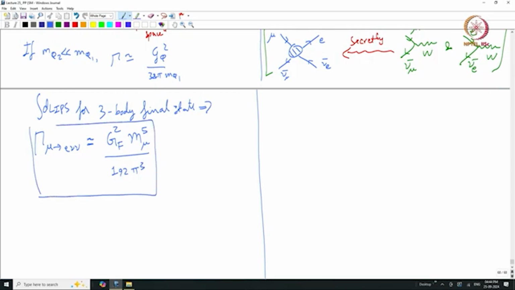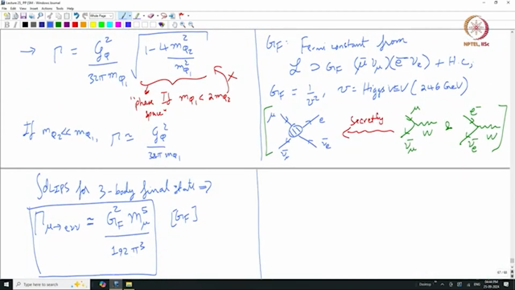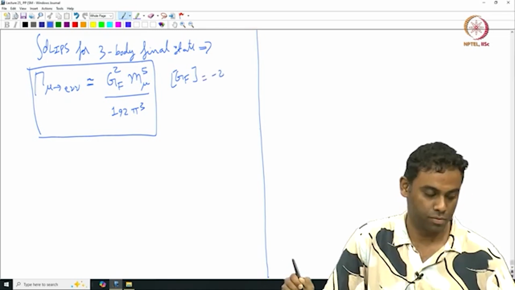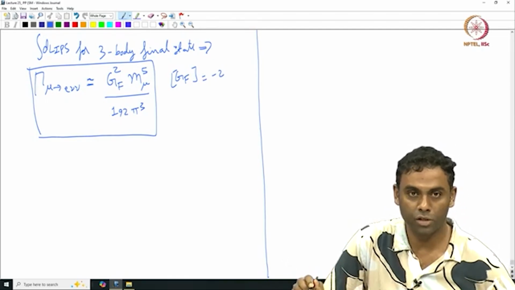Why does this make sense? Because what are the units of G_F? You just saw, I wrote it as 1 over v squared. Also it is the coupling in front of a dimension 6 operator. They are all the same thing. So the units of that is minus 2. But what are the units of a decay rate?